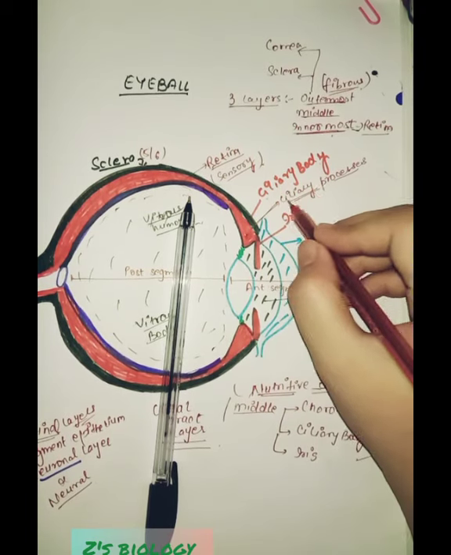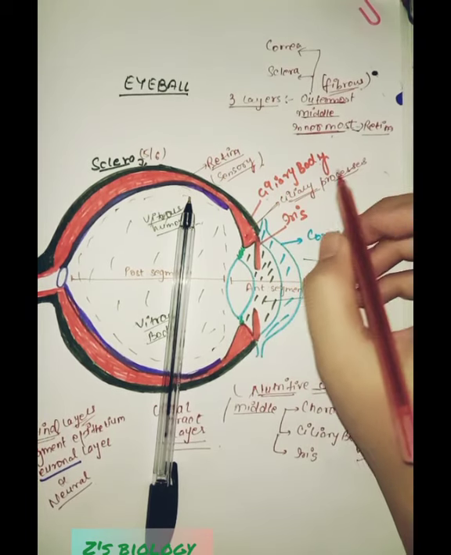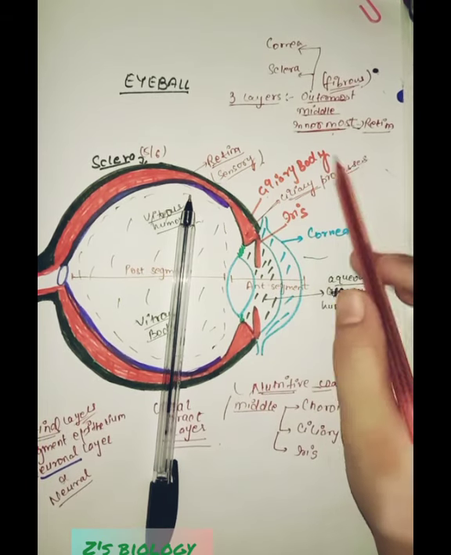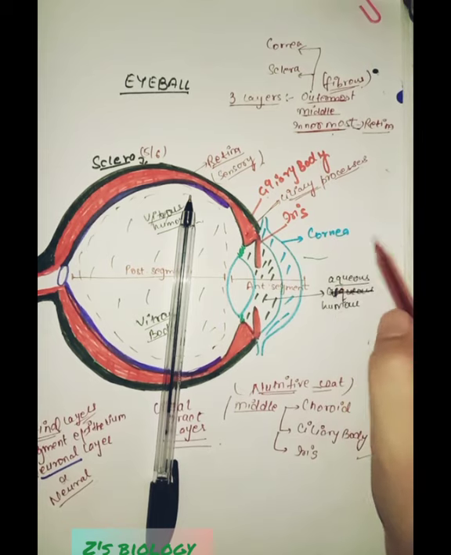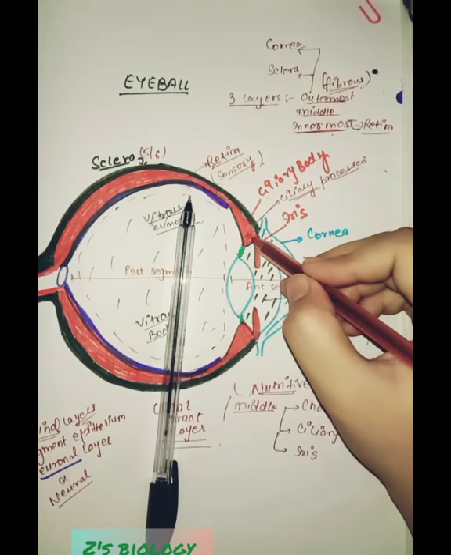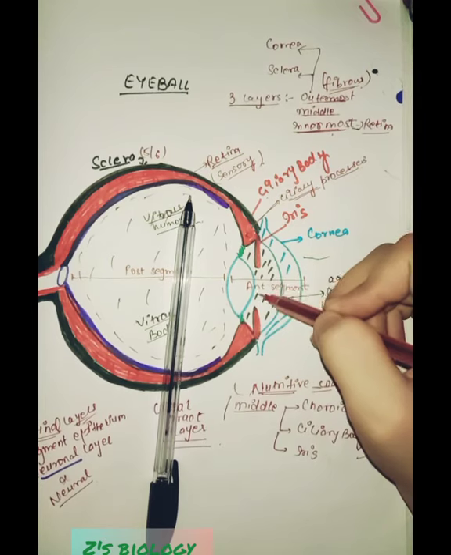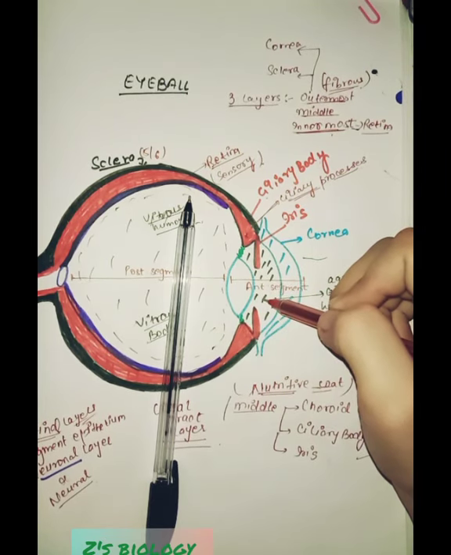The ciliary processes produce the aqueous humor, and after production they drain the aqueous humor into the posterior chamber of the eyeball.